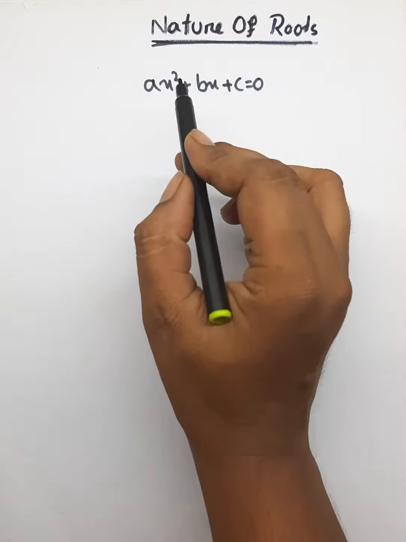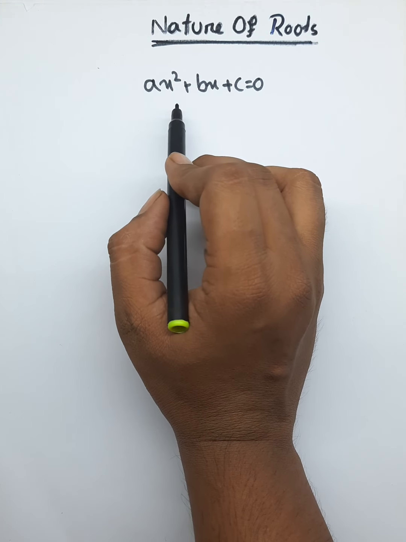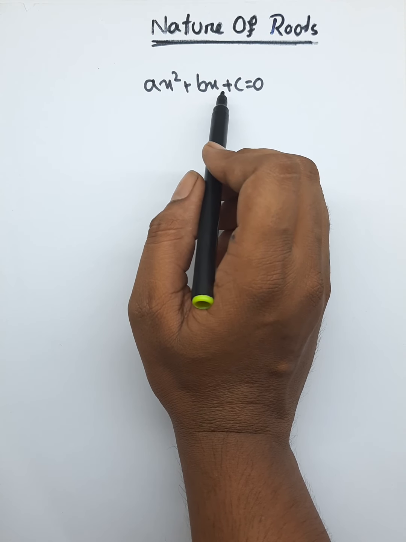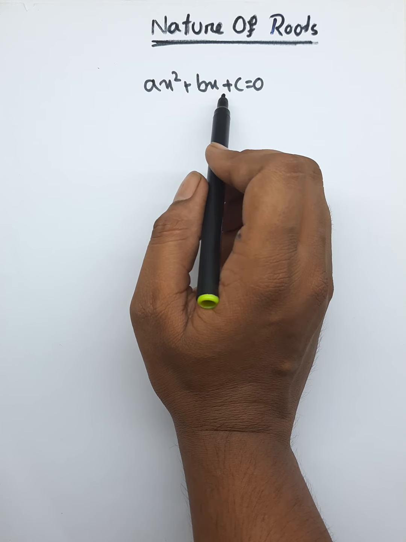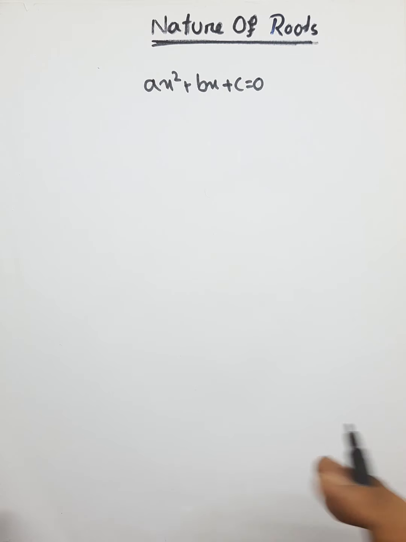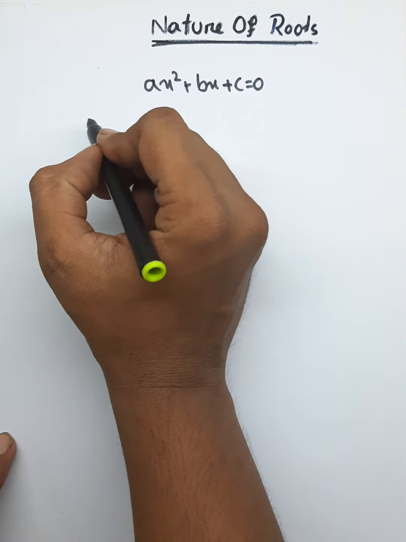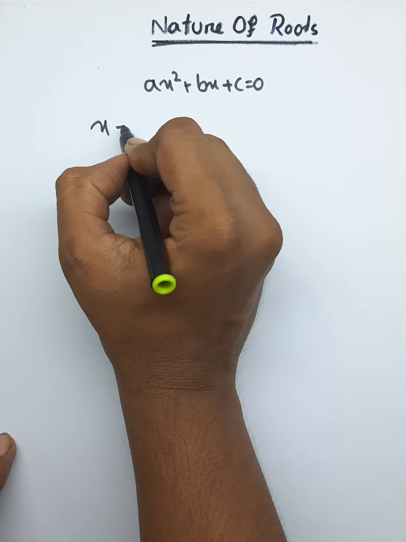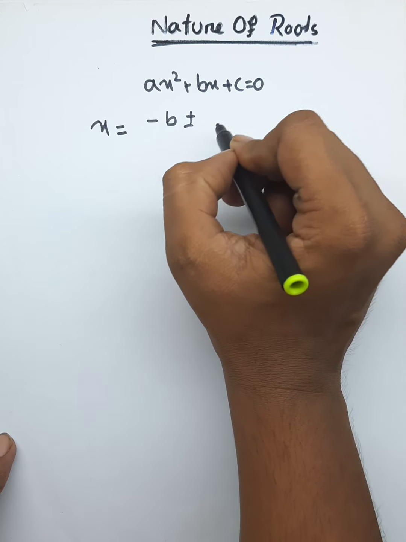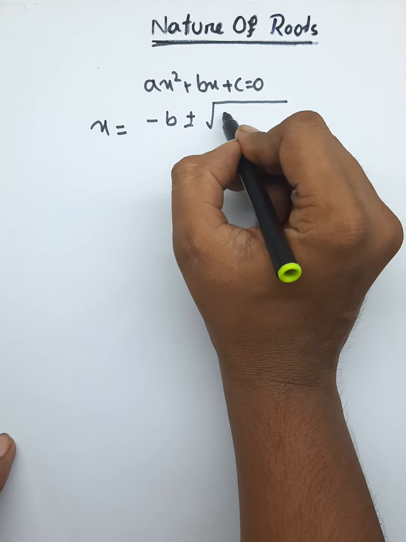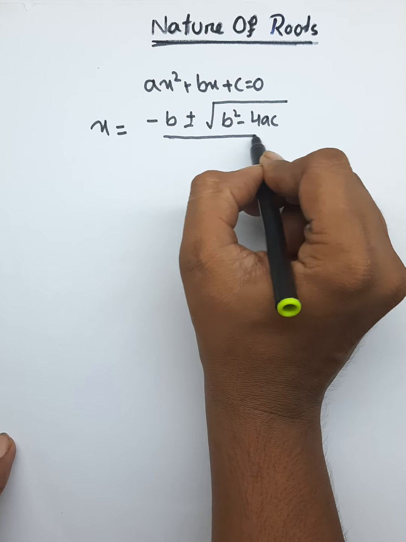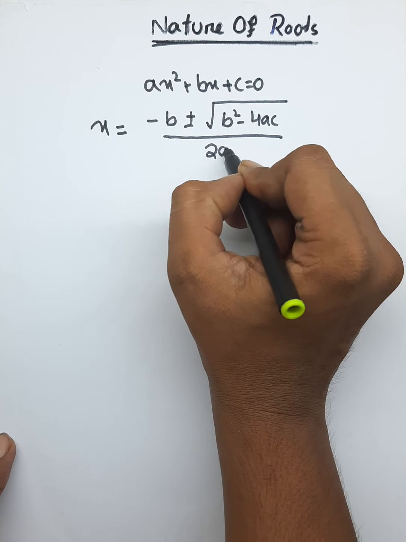If we solve this equation, we get two values of x by any method: by splitting the middle term, by the quadratic formula, or by completing the square. By the quadratic formula, x = (-b ± √(b² - 4ac)) / 2a.